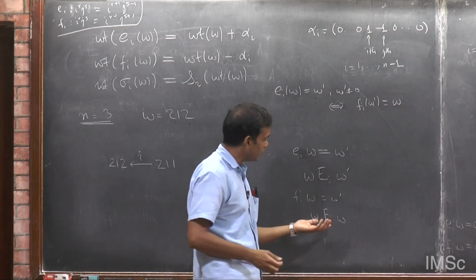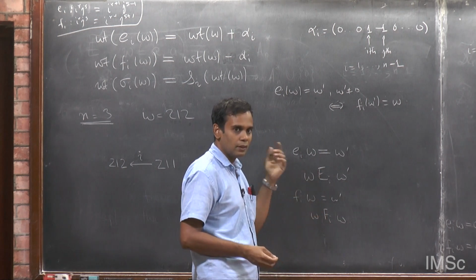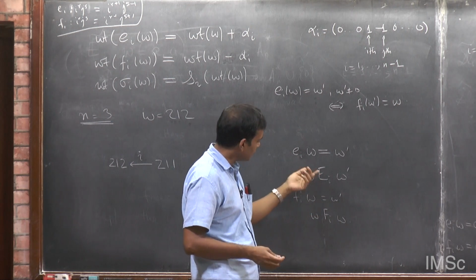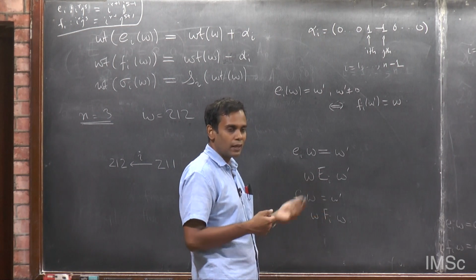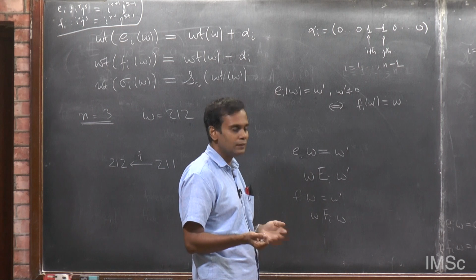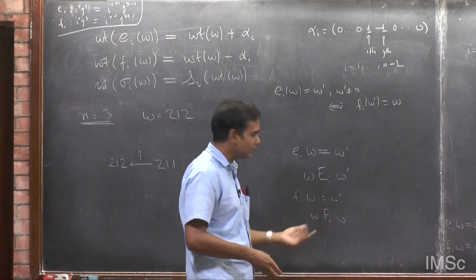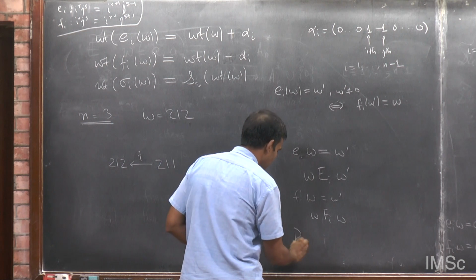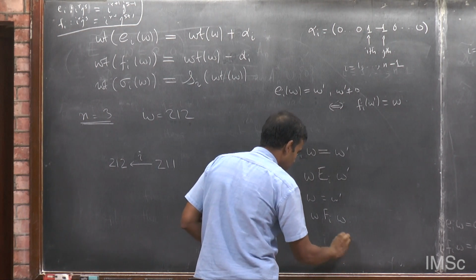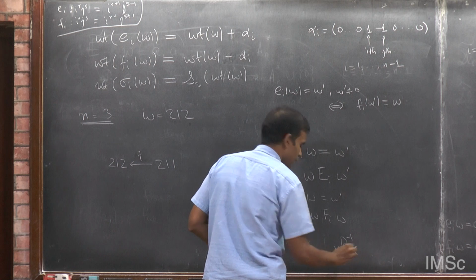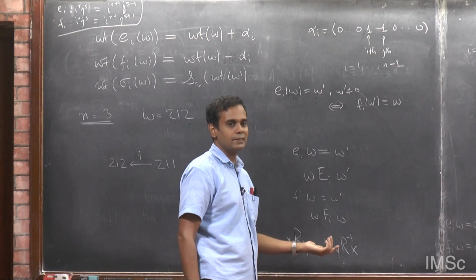So you have these relations, E_i and F_i, for i going from 1 to n minus 1, and these relations are mutually inverse, in the sense that you know what the inverse of a relation is. It always exists.